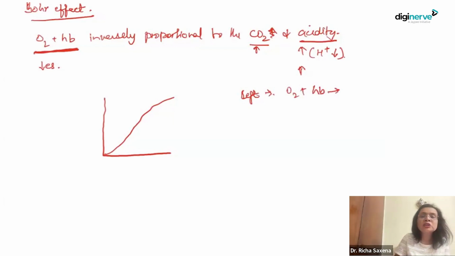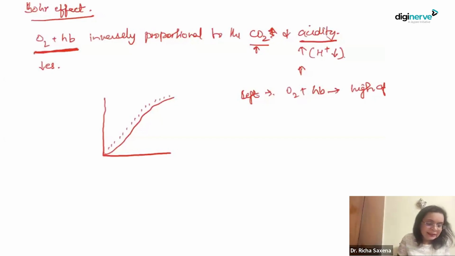The affinity of oxygen to combine with hemoglobin is high affinity. And in these cases, oxygen is not released. Okay. So when the curve moves to left, in that case, the affinity is high and oxygen is not released.